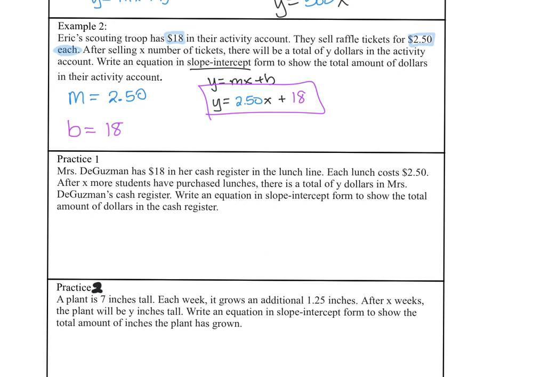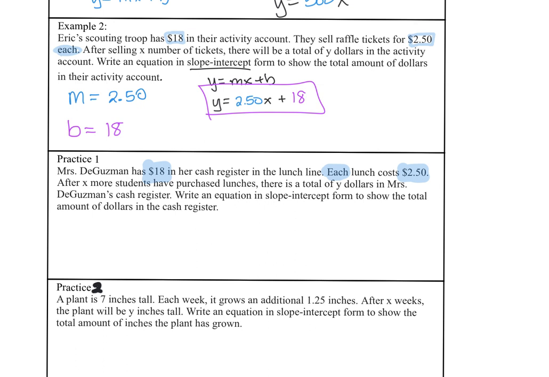All right, Mrs. De Guzman has $18 in her cash register in the lunch line. And each lunch, that word each, costs $2.50. After X more students have purchased lunches, there's a total of Y dollars in Mrs. De Guzman's cash register.